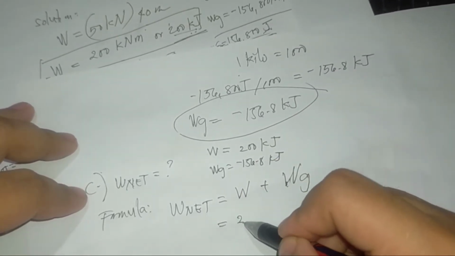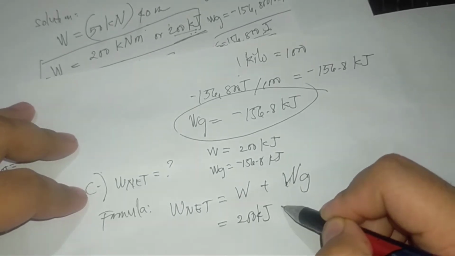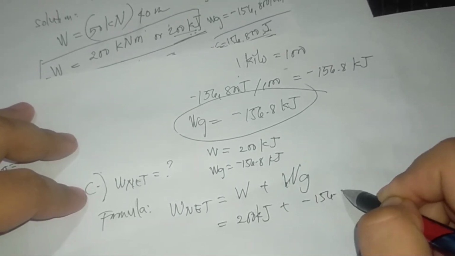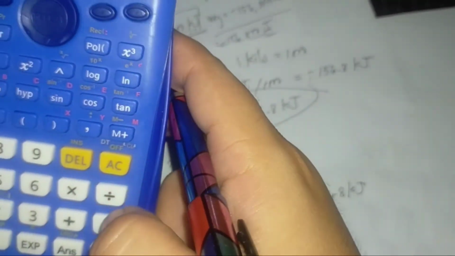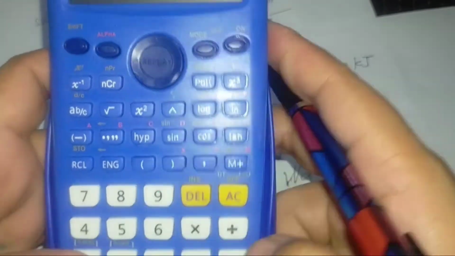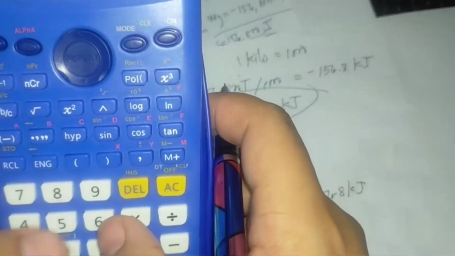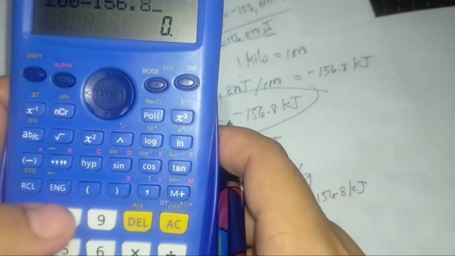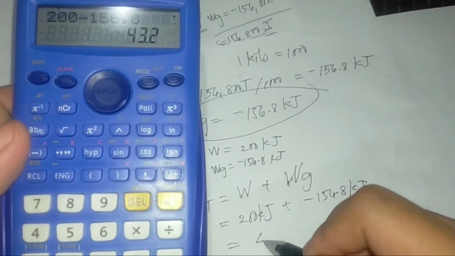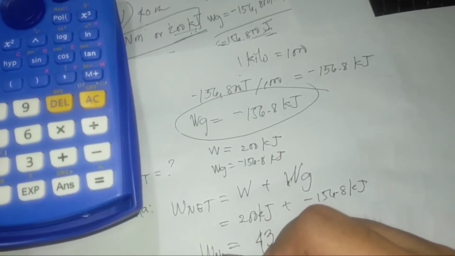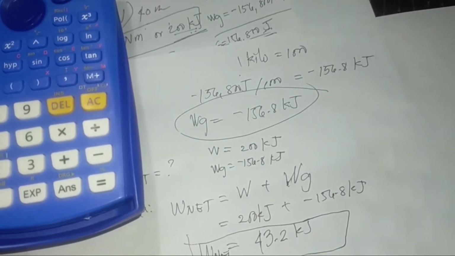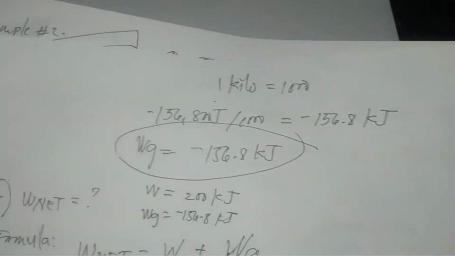So, we have 200 kilojoule plus negative 156.8 kilojoule. So, this will be 200 minus 156.8, which is equivalent to 43.2 kilojoules. So, this will be the net work. Okay? So, that is how to solve the work done in two different examples.